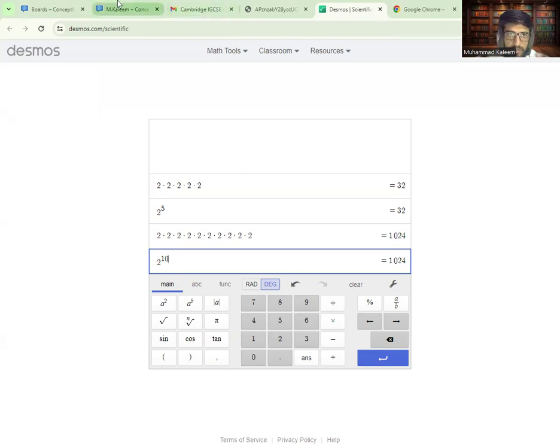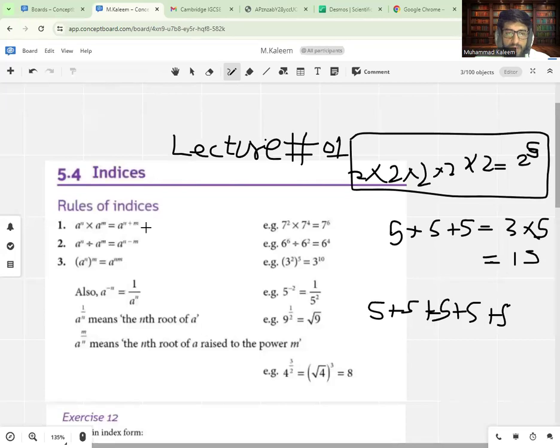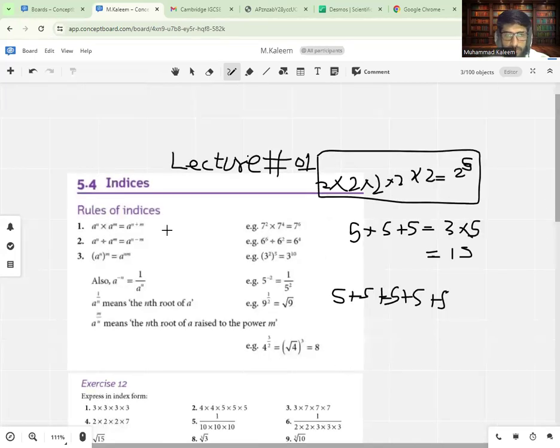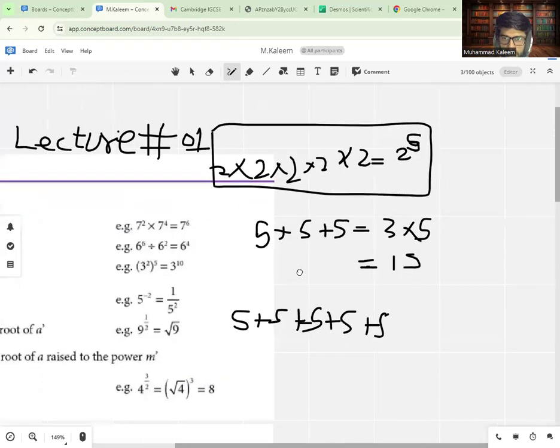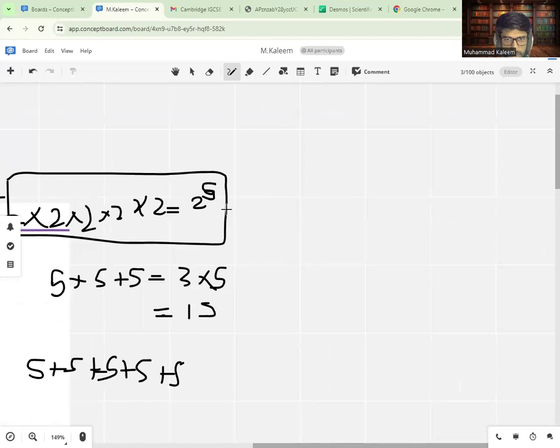Okay, next we have some laws, some rules for indices. Indices is the plural of index. Let me define it in more detail. If we have the number 2 raised to the power 7, here 7 is an index, sometimes known as exponent, sometimes known as power.